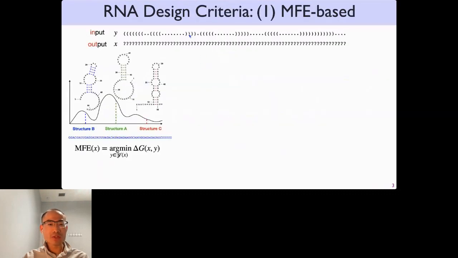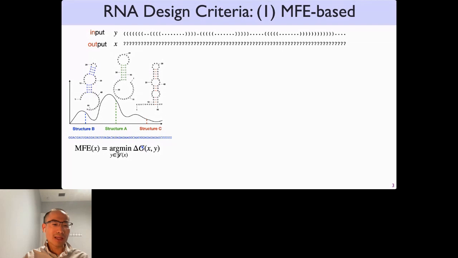Given a secondary structure as input, RNA design is to find a sequence X such that X would fold into Y. However, usually an RNA sequence can fold into many different structures.